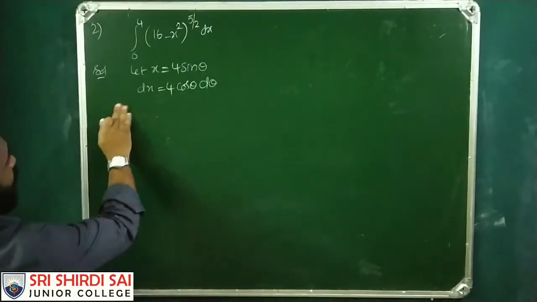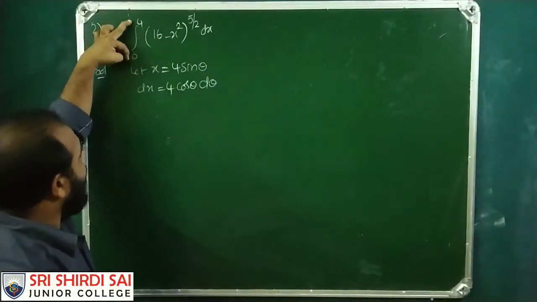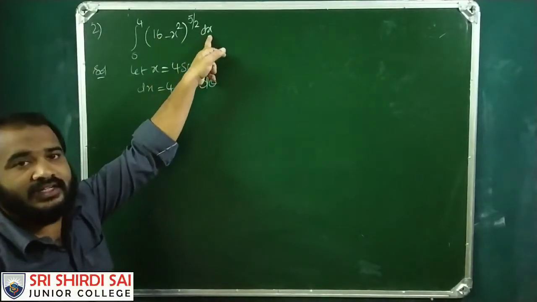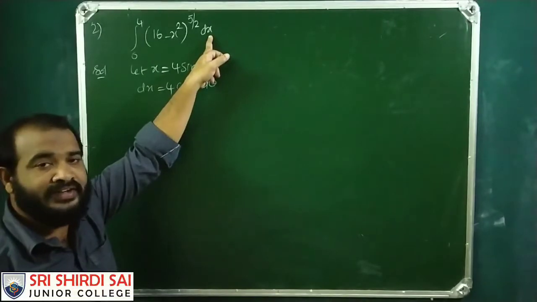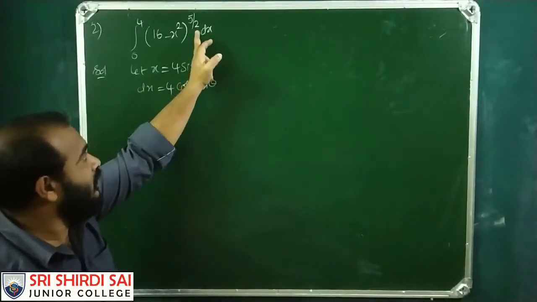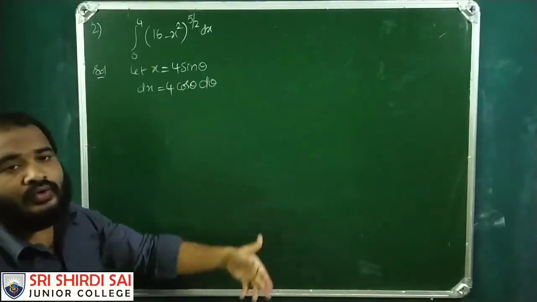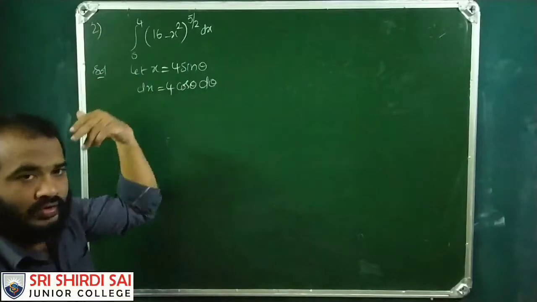Now substitute. These are the limits of x, because the integrand and the differential are in terms of x, which is the variable of integration. This variable of integration we are trying to change in terms of theta. Therefore we need to freshly evaluate the limits for theta also.